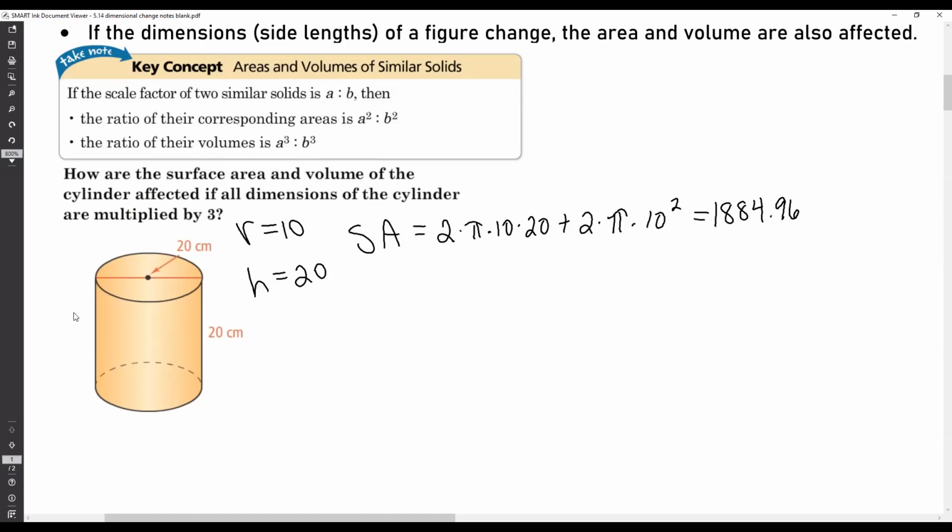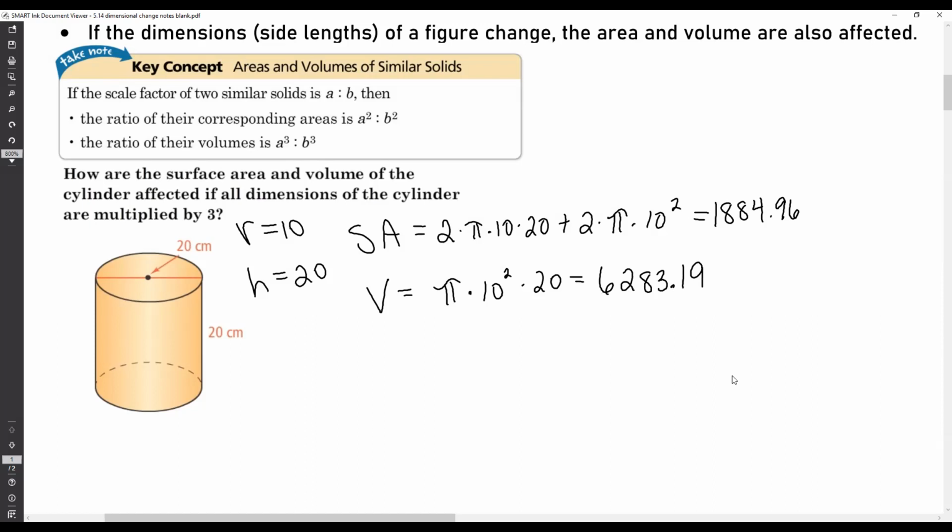And then we're going to calculate the volume. The volume for a cylinder is pi times the radius squared, so 10 squared, times our height, 20. So pi times 10 squared times 20, and that's 6,283.19. Okay, so that's our original.